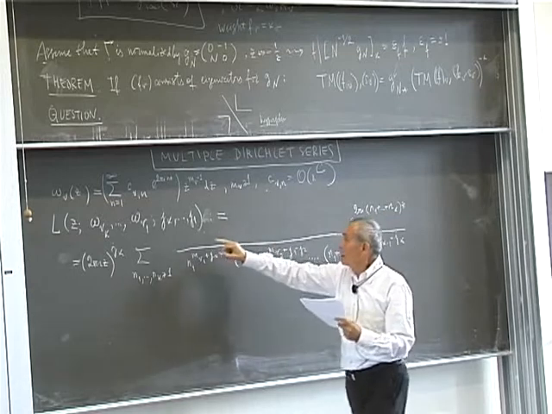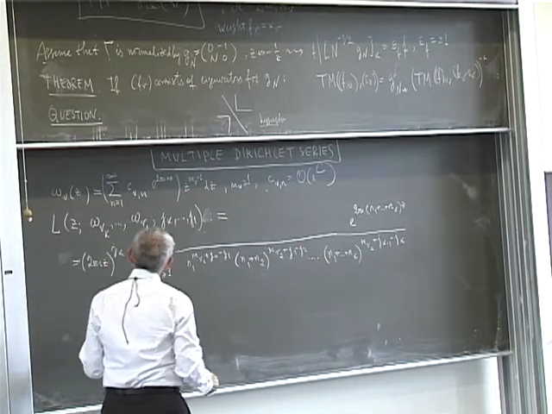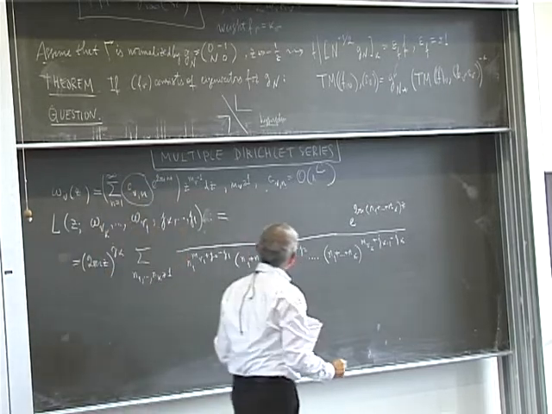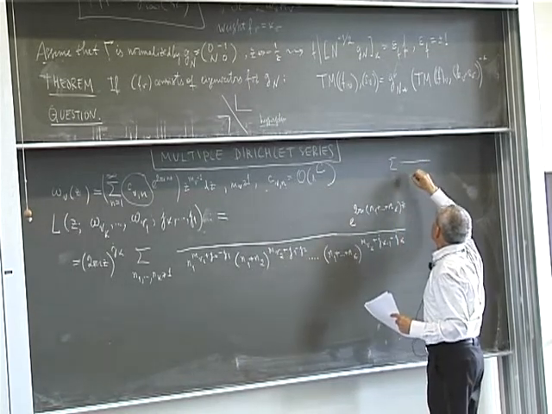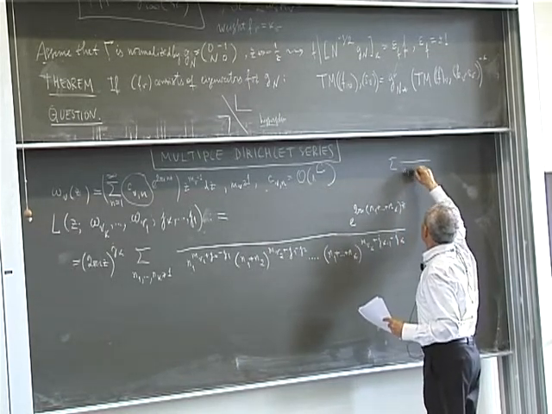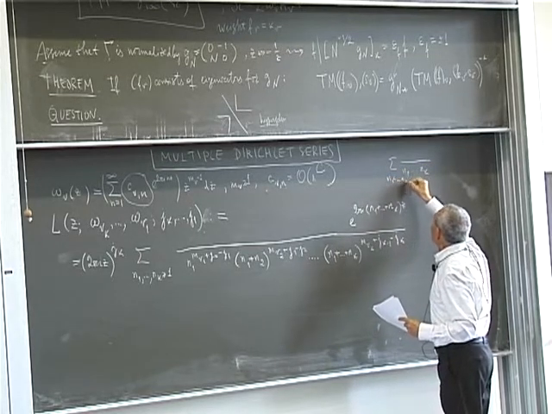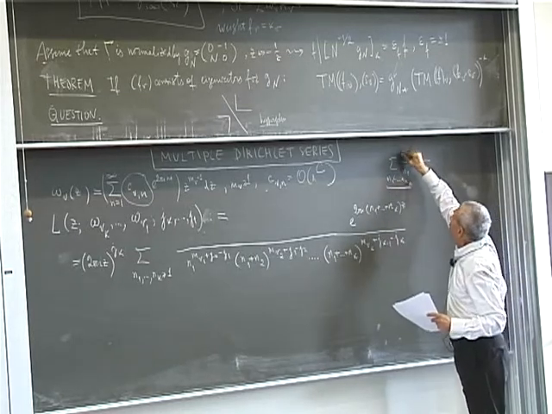But the most unusual part of this series will be its dependence on these coefficients here. The point is that usually the easiest generalization of multiple zeta series would be like this.